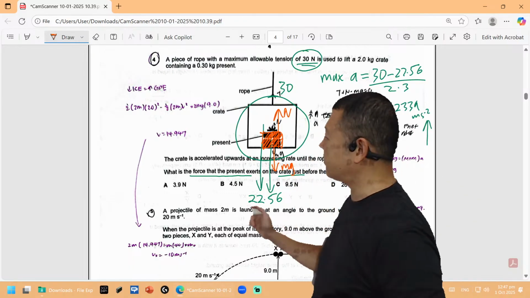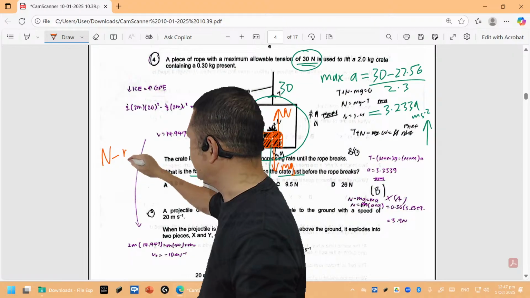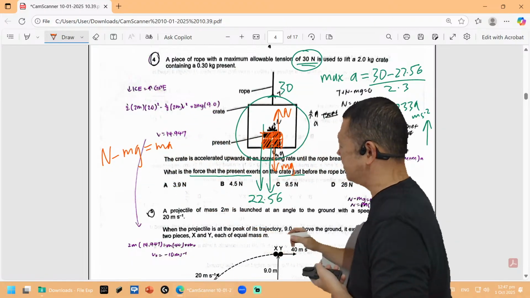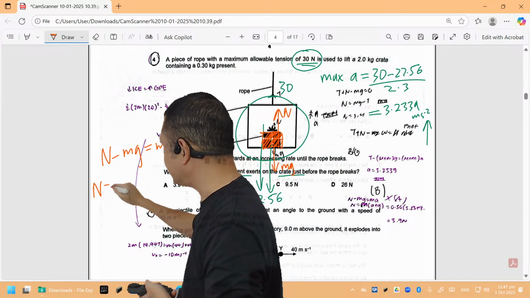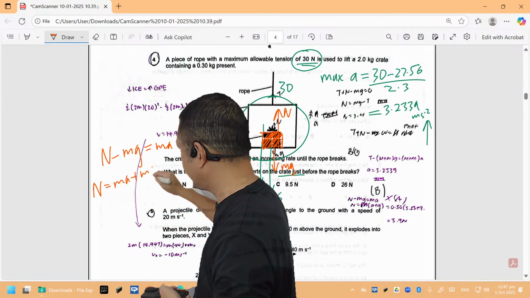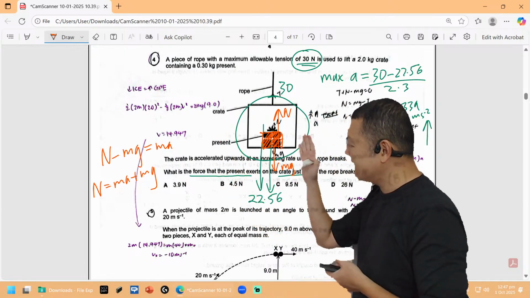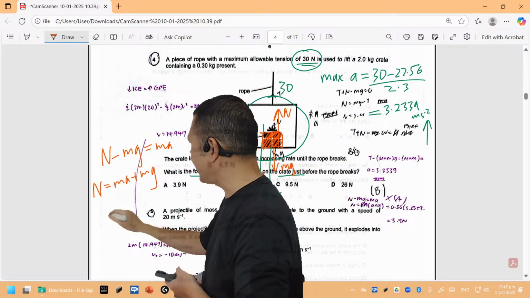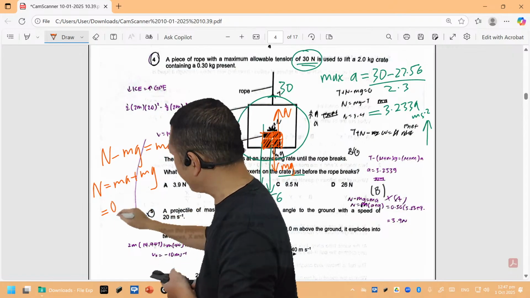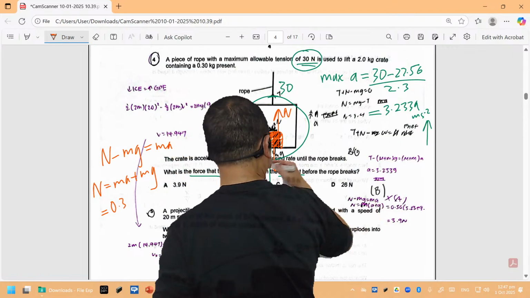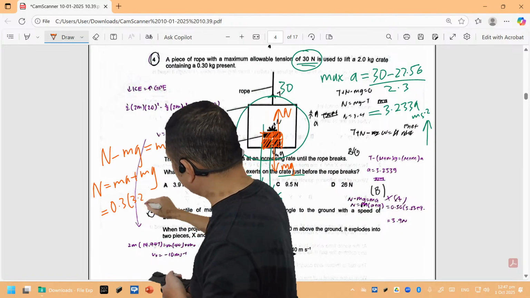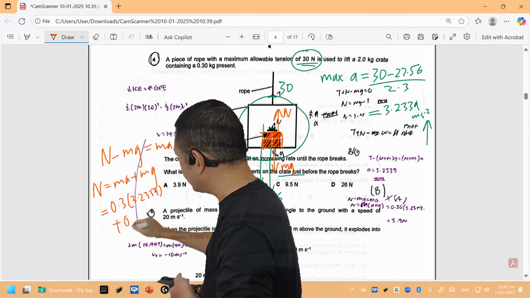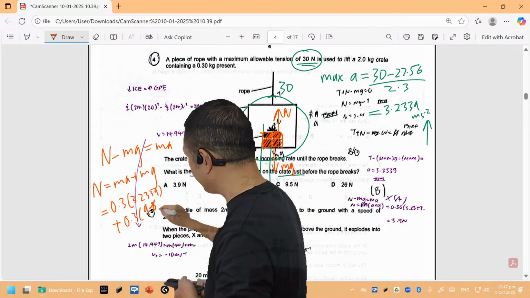So we write an equation for the present, not the crate: N minus mg equals ma. We don't know what N is, so N equals ma plus mg. But this N is for the present, so the mass here is the present's mass. That's 0.3 times the a, which is 3.2339, plus 0.3 times 9.81.